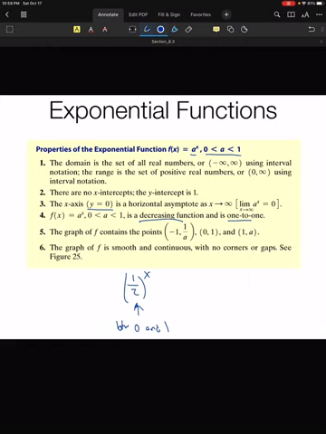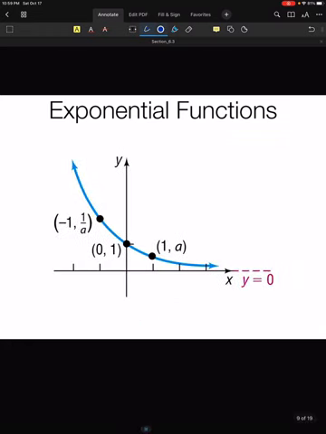In step 6, the graph is smooth and continuous, no corners or gaps. Again, that's not important to us. But here is the graph of an exponential function where a is between 0 and 1. And so you'll see it's very similar to the last one, but it's now decreasing. So basically what we did was we reflected it, or flipped it, over the y-axis.